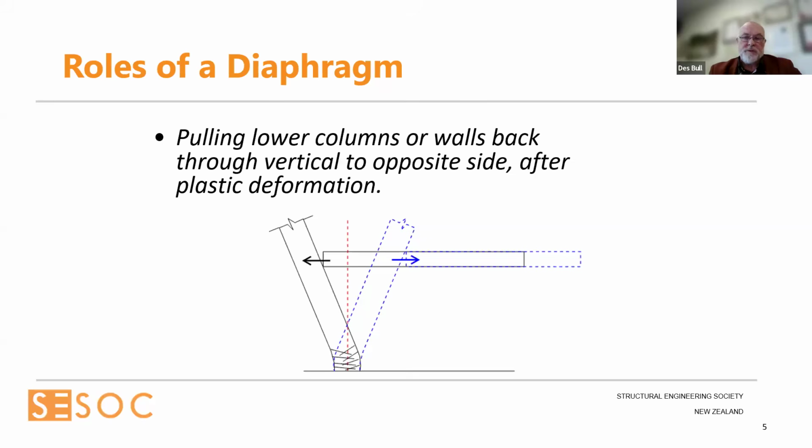When a column or a wall is pushed out of plane, out of the building, plastically yielding at the base of the wall or column, it has to be pulled back upright and through to the other side, half a cycle of displacement in the other direction, by the diaphragms. So the diaphragm acts as a large tension device to pull the walls or the columns through the out-of-plane motion. That's not written up anywhere, but those forces can be really large.